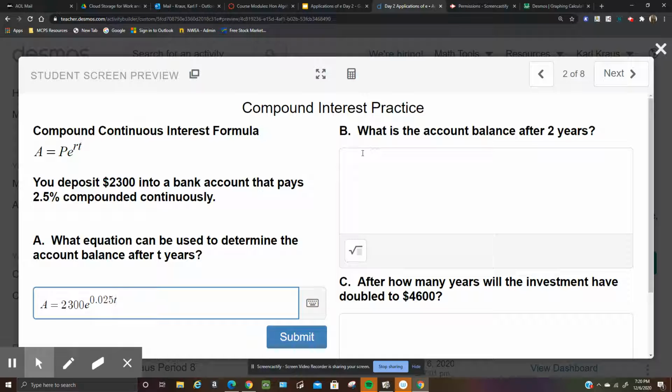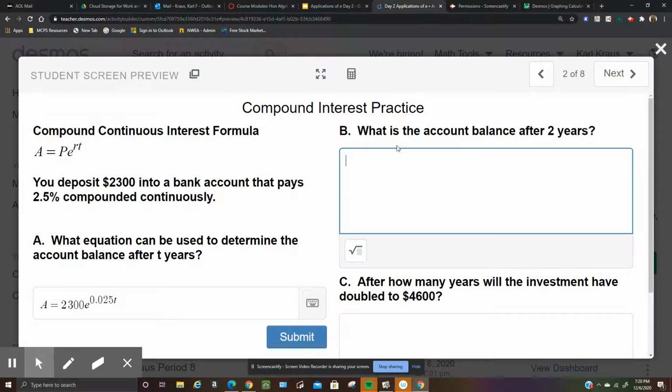So after 2 years, it'll be, plugging a 2 in for t, 2,300 e exponent 0.025 times 2. Let's see if I use the equation under it, if the number will come up.